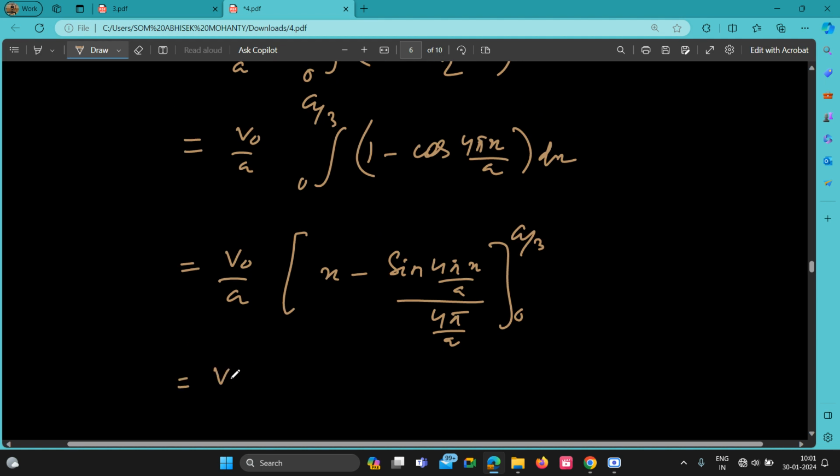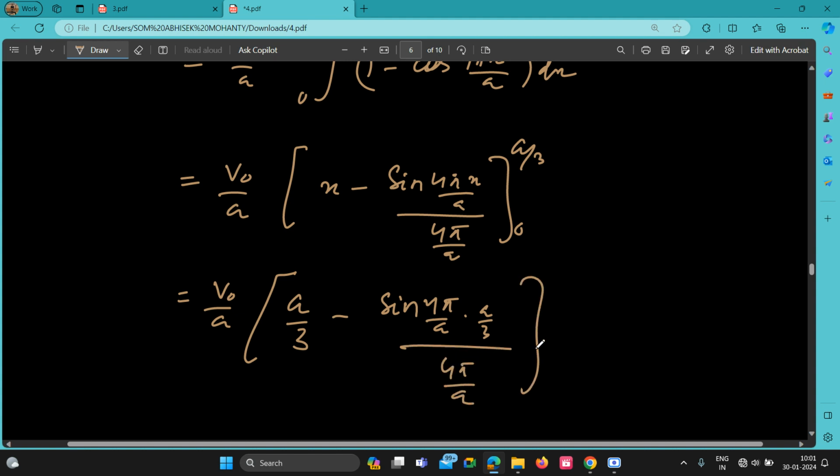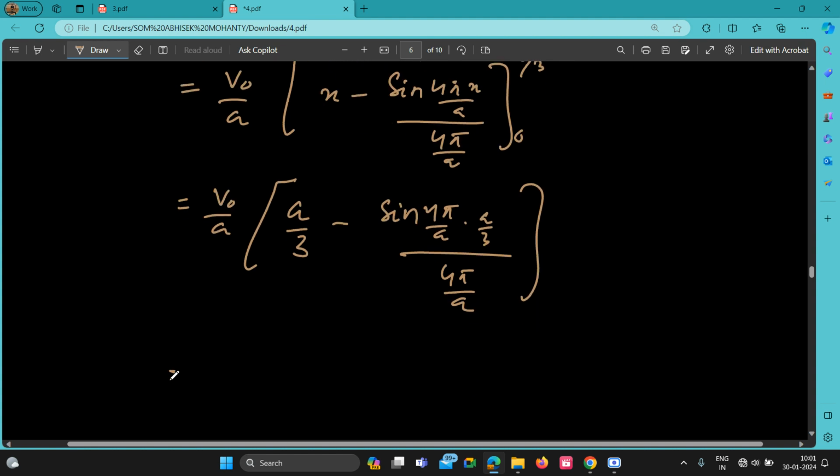Yeah. So now put a by 3. So that will be a by 3 minus sine 4 pi by a into a by 3 divided by 4 pi by a, and this will be 0. Alright. So now V naught by a, so a by 3 minus, this a cancels, sine 4 pi by 3 is how much? Sine 4 pi by 3, that means sine 240 degree.